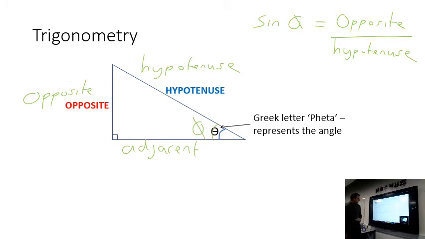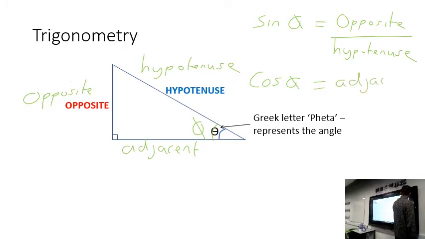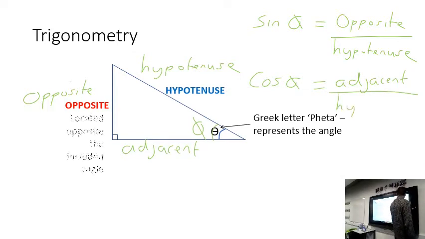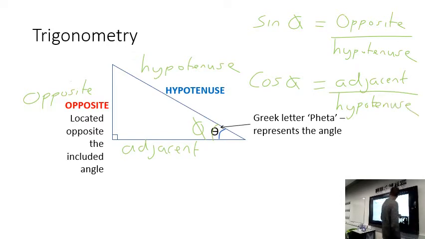Then another important function is cosine theta. This can be found by the adjacent over the hypotenuse. And then the third one, which you need to know, is tan theta, and this is opposite over adjacent.